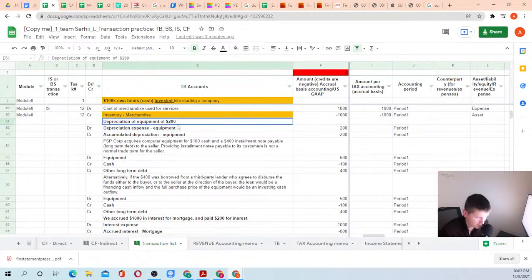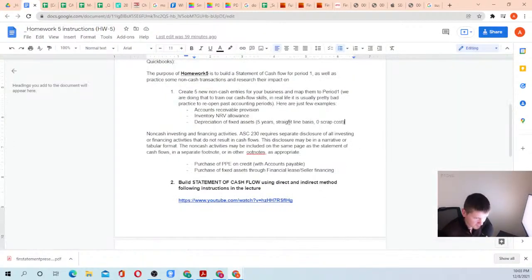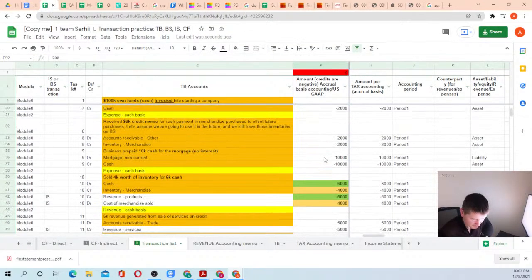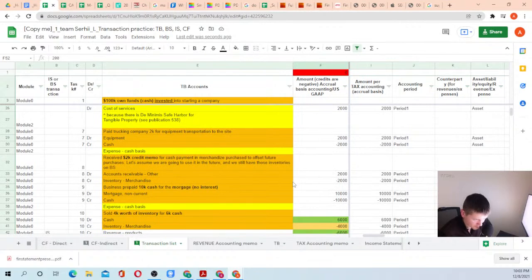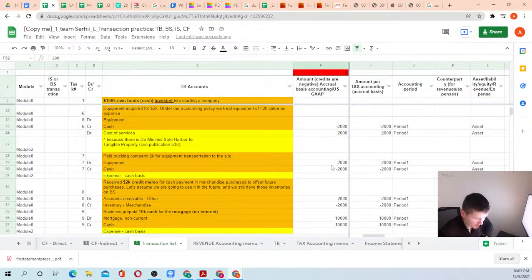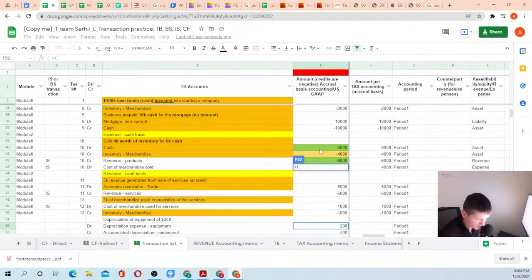Yeah, so we depreciated some equipment for $200, 5 years, straight line basis, zero scrap cost. Let's see what equipment do we have here. Let's say we're depreciating all our equipment for 5 years.